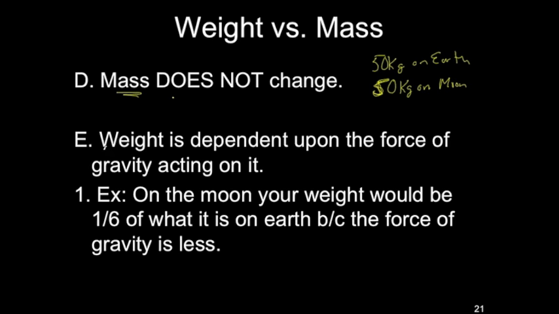Weight, on the other hand, is very much dependent upon where you are in the galaxy and how much force of gravity is being applied to the object. So on the moon, the force of gravity pulled it towards the moon's surface at a rate of 1.64 meters per second squared, and on Earth it pulled that 50 kilogram object towards the surface of the Earth at 9.8 meters per second squared.